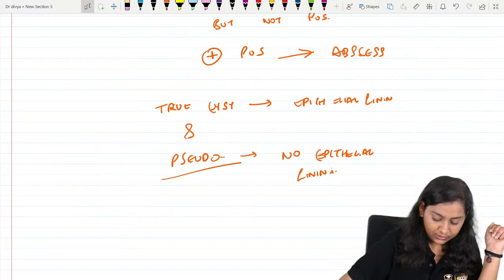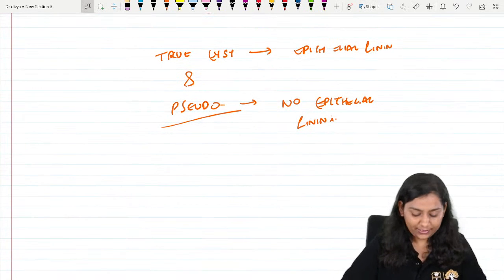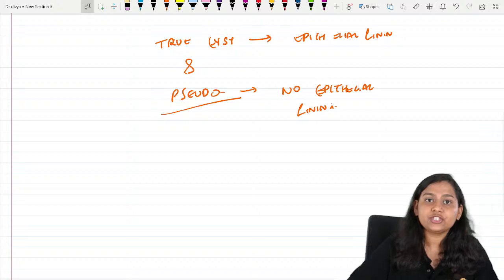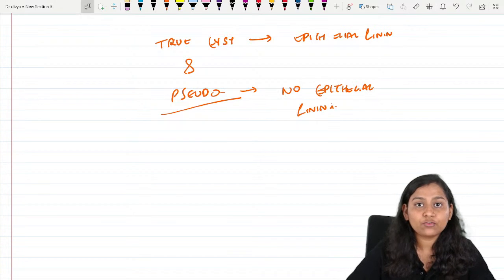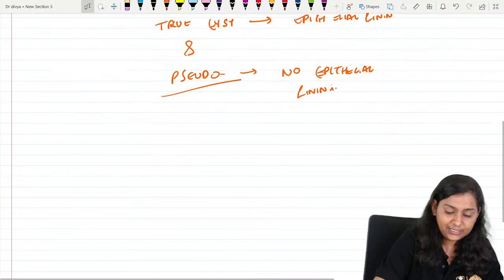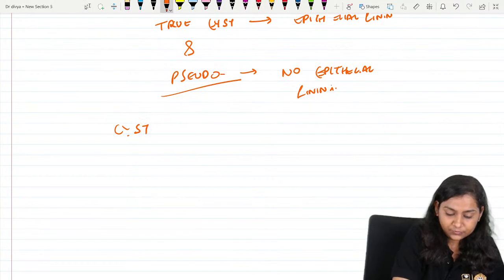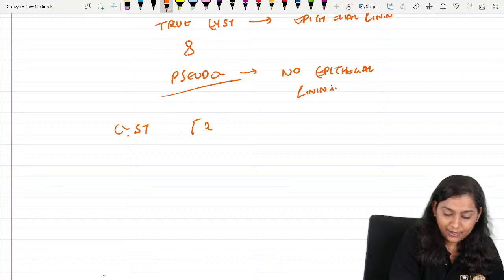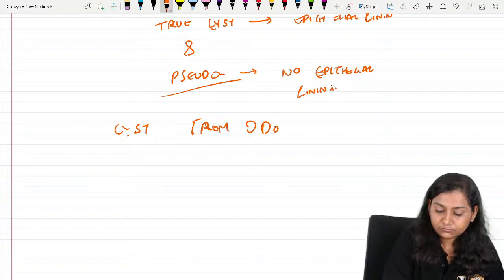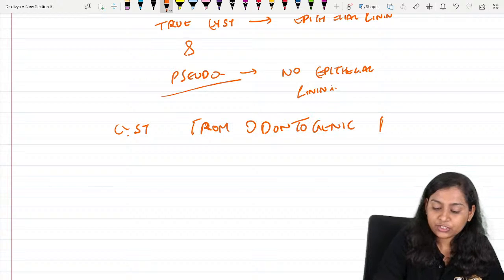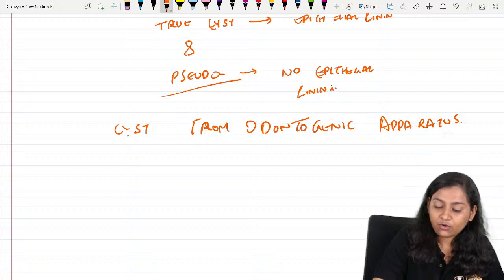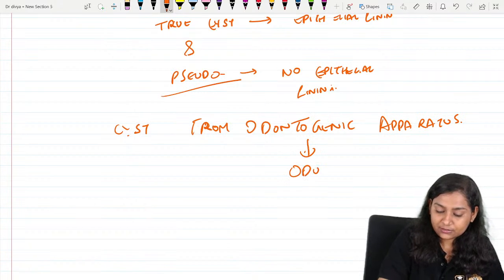Okay, now a cyst can occur anywhere in the body, but a cyst which arises from the odontogenic apparatus is called an odontogenic cyst.